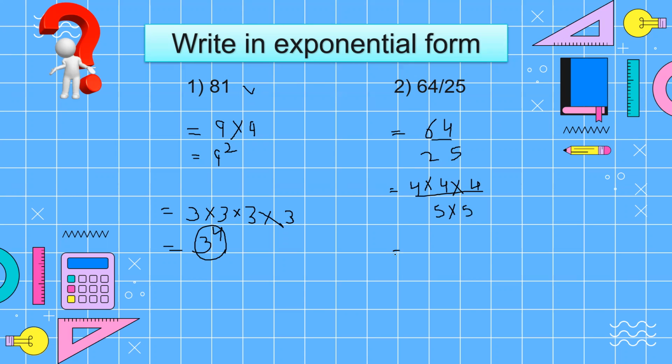So what will be the answer? Here the answer will be 4 cube, 4 raised to power 3, divided by 5 square. 5 we multiply 2 times and we got 25. So this will be our answer, right? So here we have learned how to write numbers in exponential form and what an exponential form is.